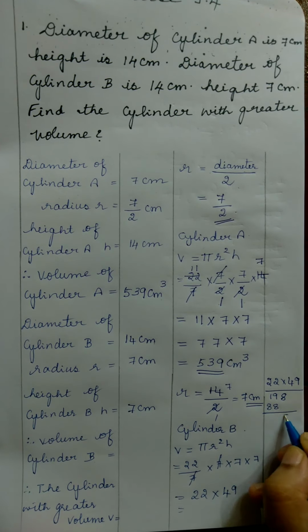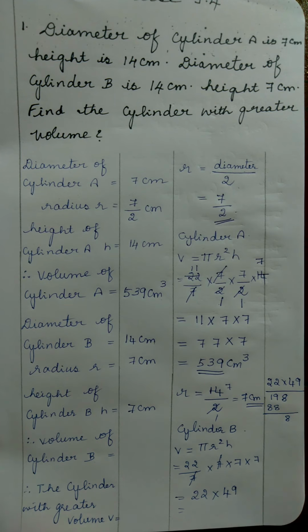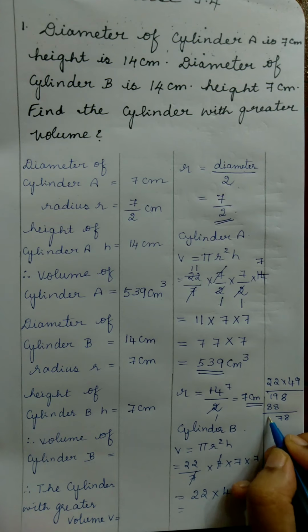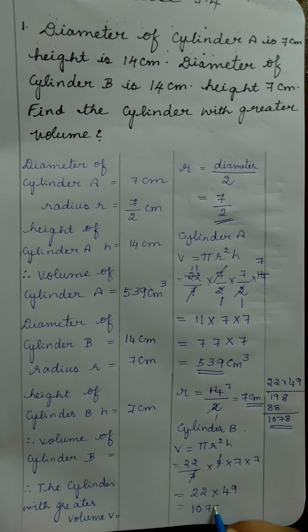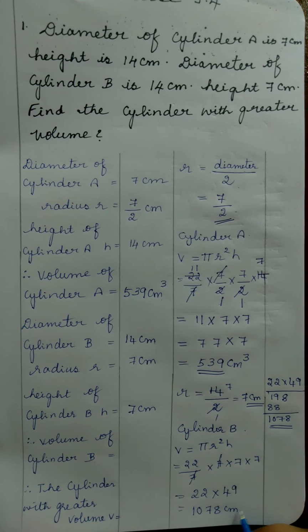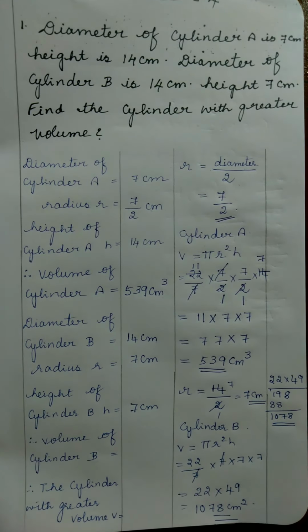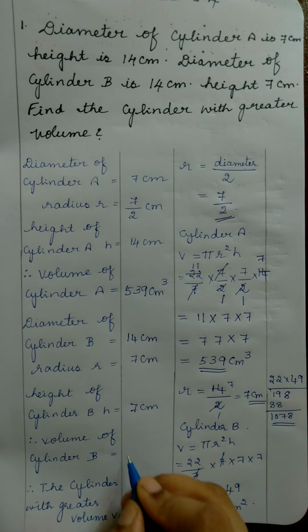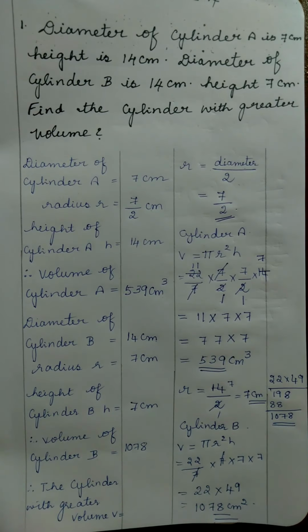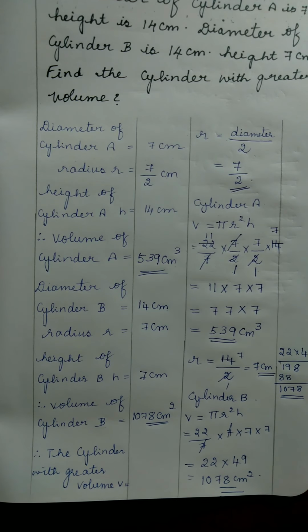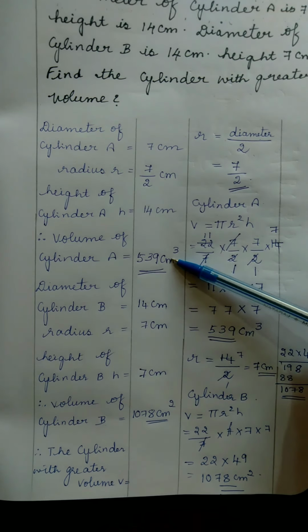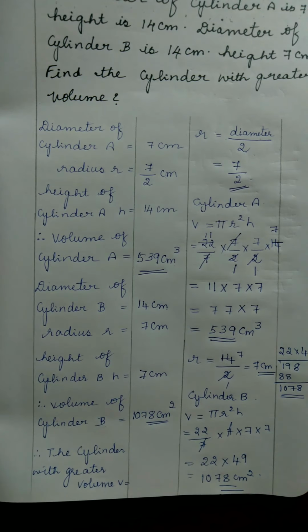Therefore 8, 9 plus 8, it is 17. 1 plus 1, 2, 2 plus 8, it will be equal to 1078. 1078 centimeter cube. Therefore, the volume of cylinder B will be equal to 1078 centimeter cube.